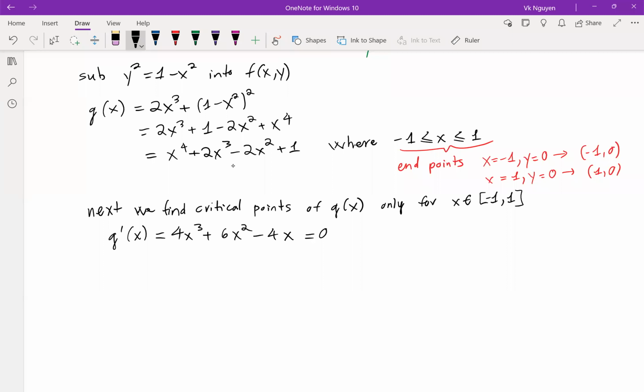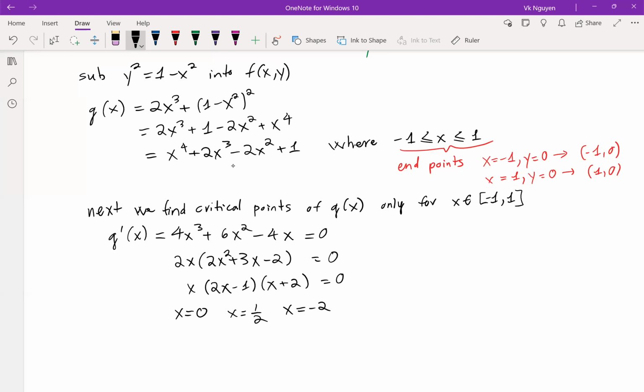Factoring out the 2x, we get 2x squared plus 3x minus 2 equal to 0, and then 2x minus 1, x plus 2 equal to 0. From here you see that x equals 0, x equal 1 over 2, x equal negative 2. Remember, we only take x equals 0 and x equal 1 over 2 because x equal negative 2 is not in the domain.